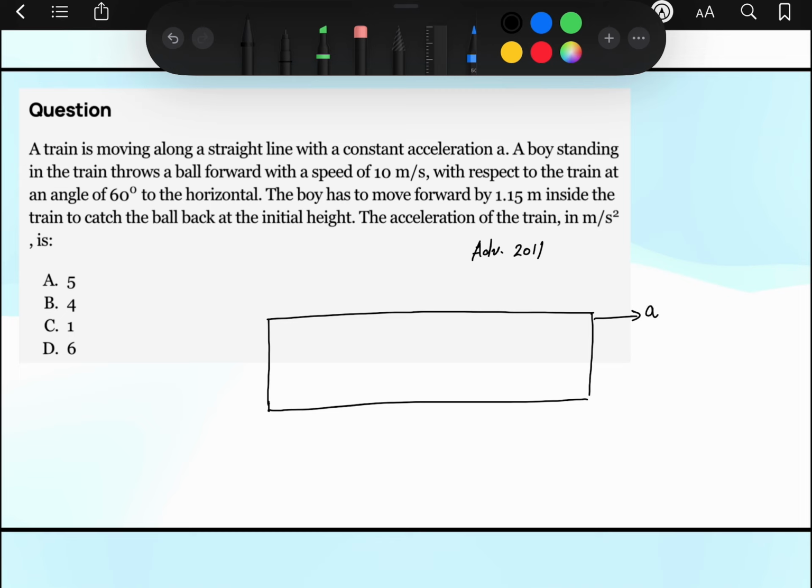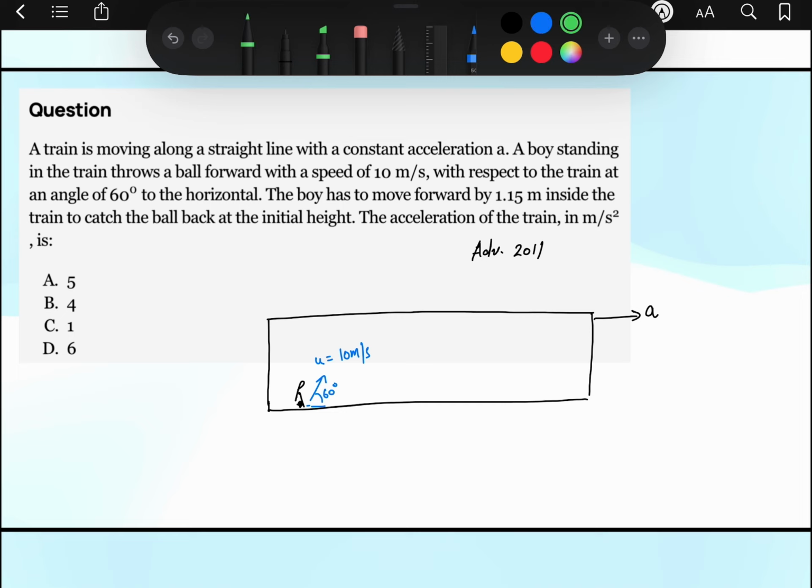And here is a boy, let us suppose this is the boy standing here, and this boy is throwing a ball with a speed of, let us suppose u is equal to 10 meter per second with respect to the train, at an angle of 60 degree, right?